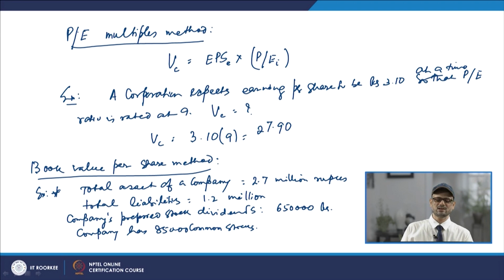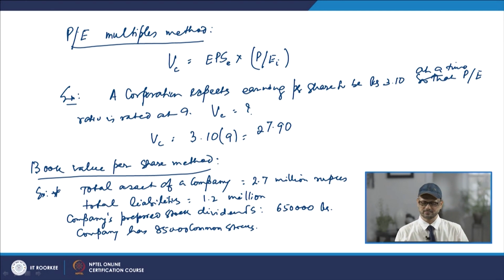Now, from that you have to subtract these liabilities, one is 1.2 million, and then the preferred stock dividends, they are 6,50,000. So, this 6,50,000 plus 12 lakh has to be paid out of 2.7 million.